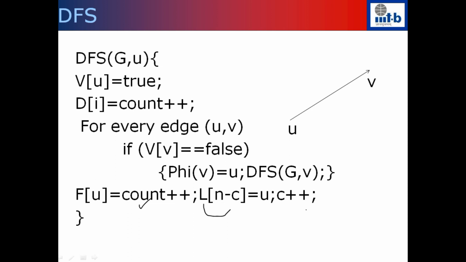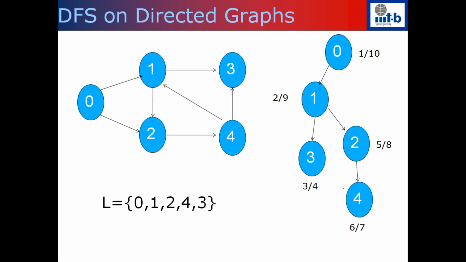So if you want to list the set of vertices in the decreasing order of the finish times, you have to just call the DFS and keep track of the elements when they finish. So the complexity of this algorithm is exactly the same as the complexity of the DFS algorithm, which is order n plus m. Once you do this, let's look at this example.